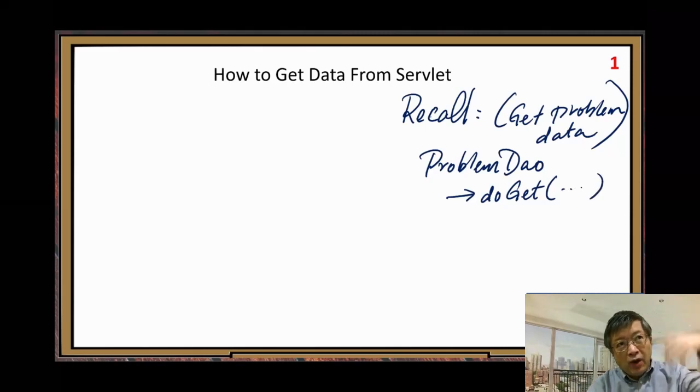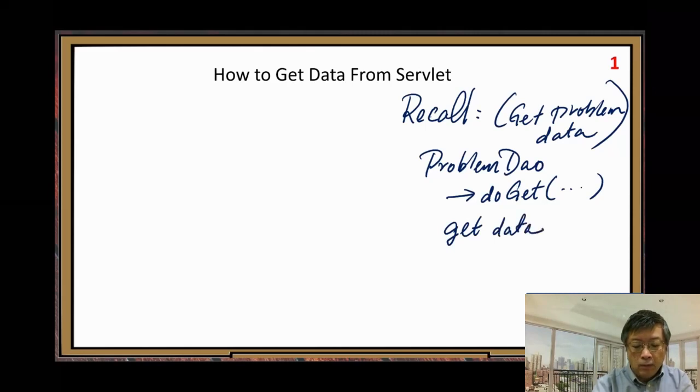Then we call the query method inside that DAO object and get the data from that query method. After that, we put it in the request scope.